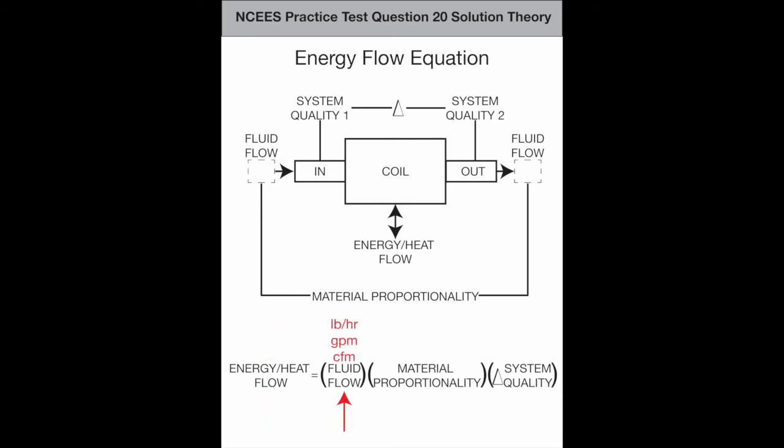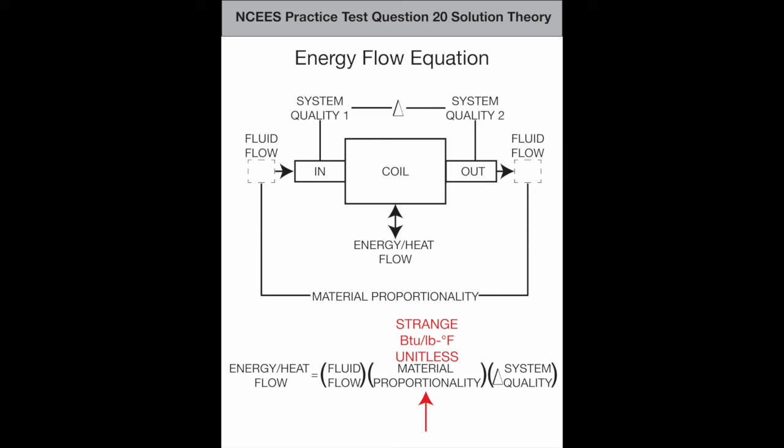Fluid flow will be in something with units like pounds per hour, or GPM, or CFM, and it's often called things like mass flow or volumetric flow. Material proportionality will be in the most strange units of the problem, either long units or no units.